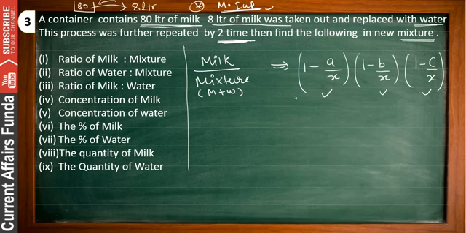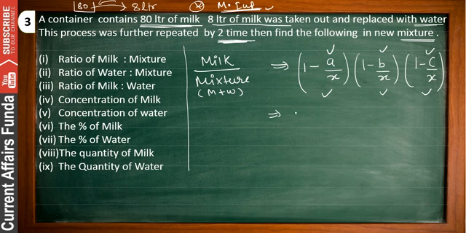Right now, what are a, b and c? A, b and c are the withdrawn quantity. 8 liter of milk was taken out, so this is a withdrawn quantity. A is the first time withdrawn quantity, b is the second time and c is the third time.